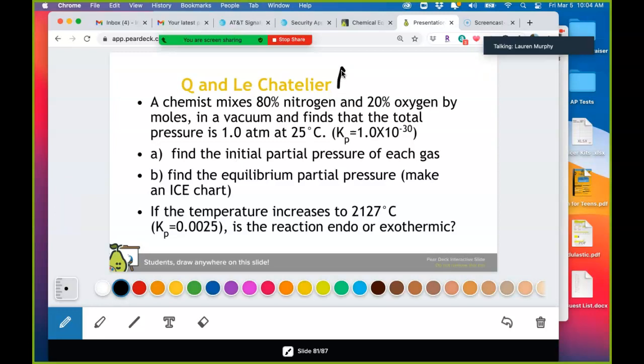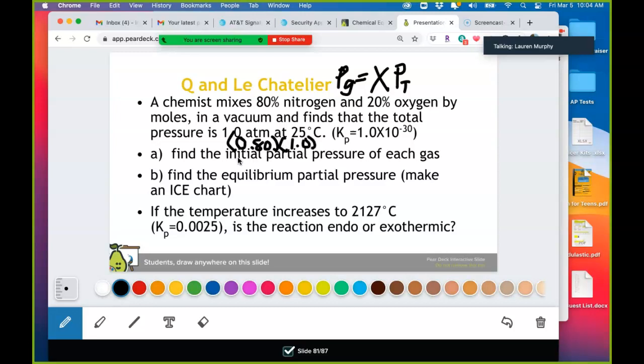Mathematically, though, it looks like this. The partial pressure of any gas is the mole fraction times total pressure. And mole fraction is just a percentage, but a percent in decimal form, because 80% means 80 divided by 100. So you would do 0.8 for the partial pressure of nitrogen, 0.8 times total pressure, 1 atmosphere.